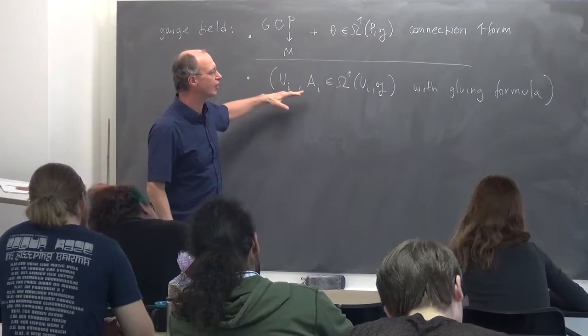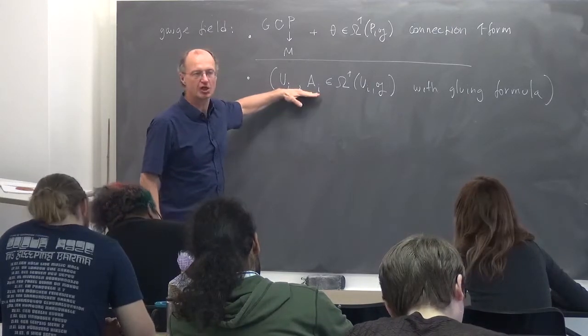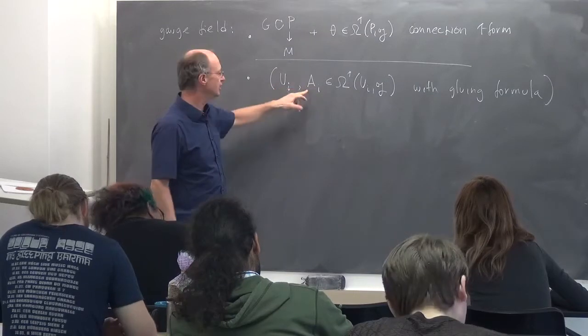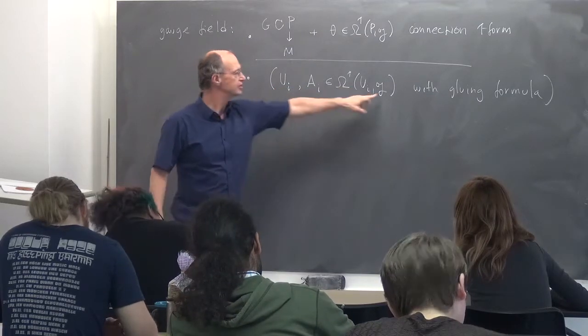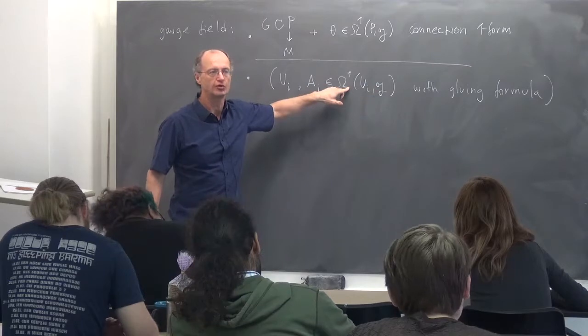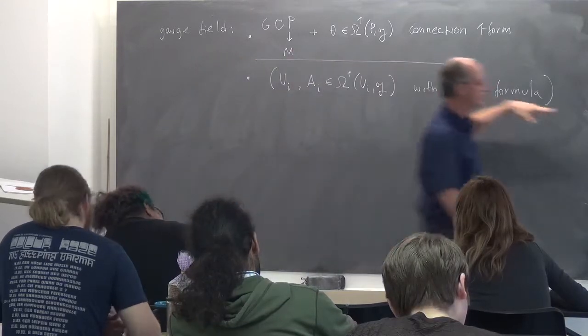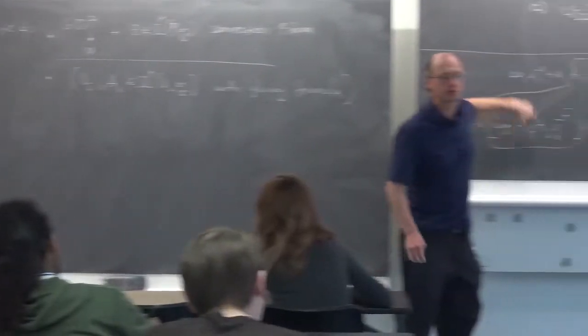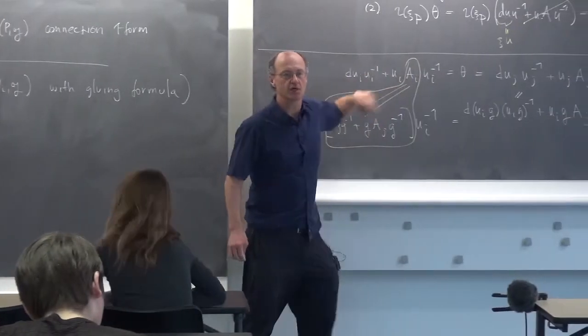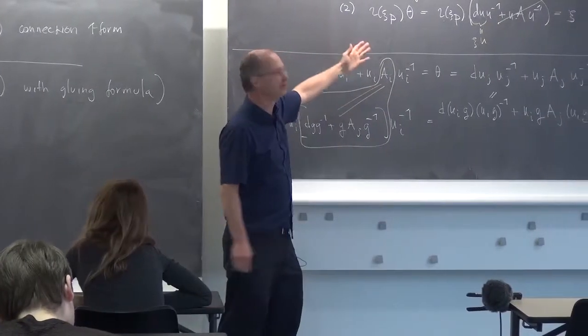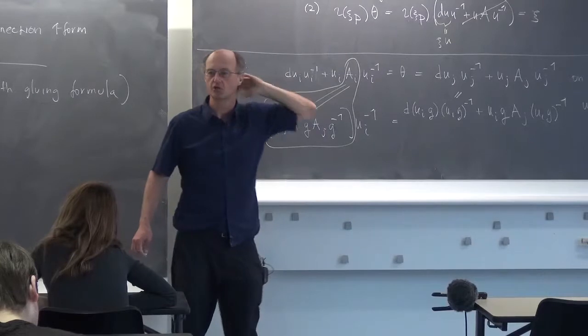So you have your space-time covered with charts, so you choose an atlas, and in this atlas you choose g-valued one-forms on the charts, and they should satisfy the gluing formula with the clutching functions or with the transition functions of your bundle.